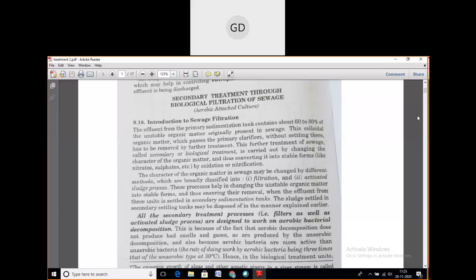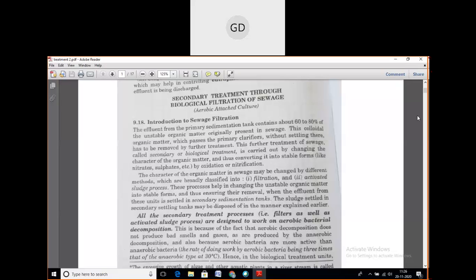This secondary treatment process is basically designed to work on aerobic bacterial decomposition. Aerobic decomposition does not produce bad smell and gases, because the organic matter is oxidized in the presence of oxygen.